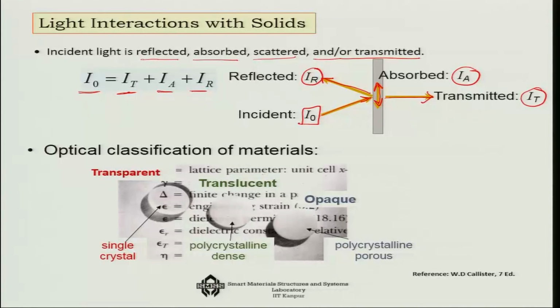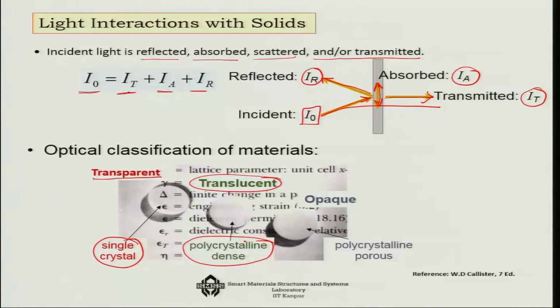Now, we always say that there are three types of materials. One is the transparent material. When we are talking about transparency, it means that most of the light is transmitted through the system, like a single crystal. Sometimes we say that it is translucent. Translucent means some part of the light is absorbed and some part is transmitted, like the polycrystalline dense.